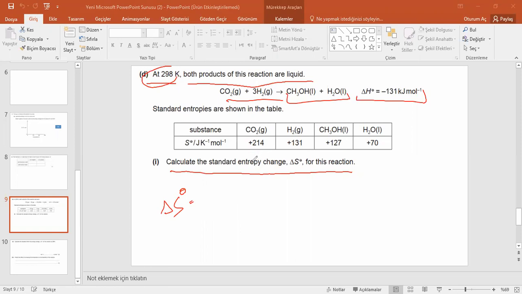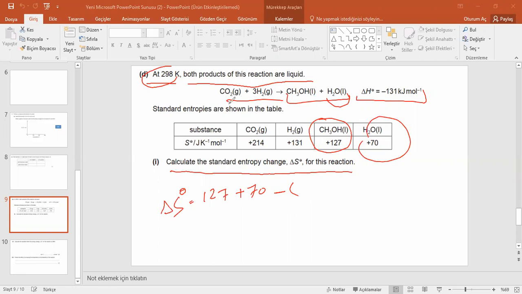S of products. On the products side, we have this one, which is 127, right? Plus 70 for the water, minus the reactants.